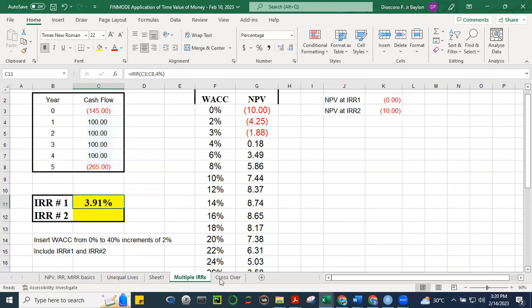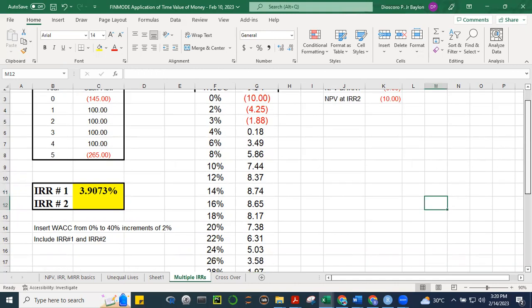Now we see that the first IRR is 3.91%. We'll copy that in a while. We can increase the decimal place. So it's 3.90 something.